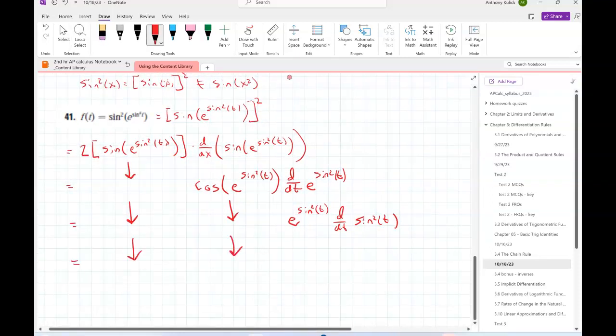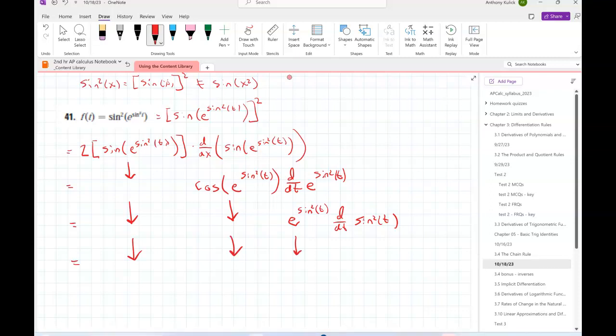So that comes down, that comes down, that comes down. To do the derivative of sine squared t, that is a chain rule. The outer function is x squared, so the derivative of that is going to be 2 sine t, and we subtract 1 from the exponent, times the derivative of the inside, which is sine t.